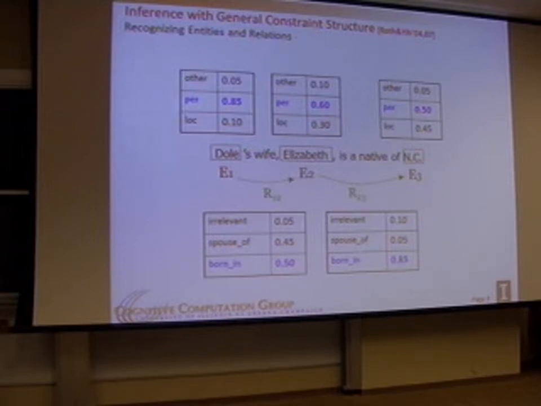Of course, if you look carefully at these decisions, for example, look at these three boxes, you see that I have two people interacting in the relation born in. That doesn't make sense. I want to change something. And the easiest thing to change here is the entity tag, person, to a location. Similarly, I can look at these three boxes, and again, I see that I have two people interacting in a relation born in.